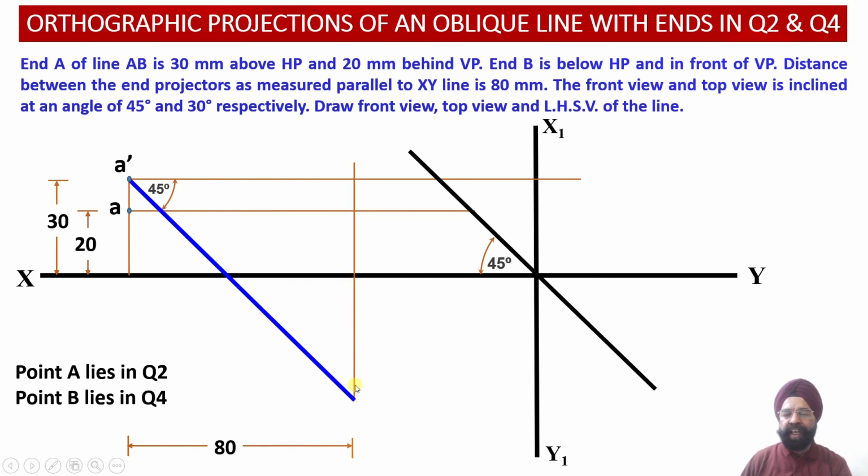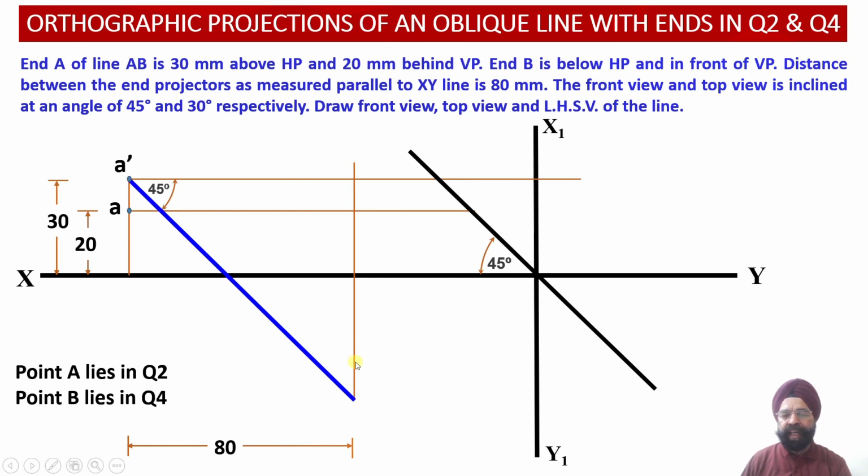So this is the vertical projector line which we had obtained as an end projector line corresponding to the point B. So onto this particular line, both B dash and B should be lying. So from point A dash, we have marked an angle of 45 degree, and then in the downward direction we have extended this line, and we will keep on extending it till this inclined line meets the vertical end projector line corresponding to the point B over here.